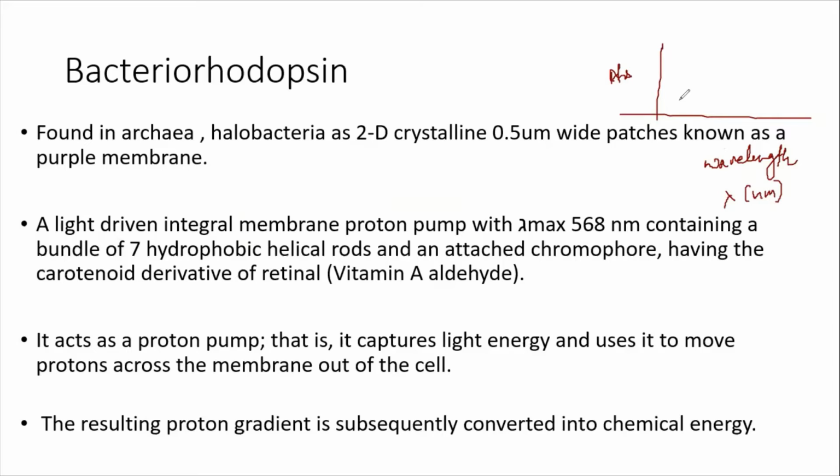There is a particular wavelength at which the substance is going to absorb maximum. Now if I draw it like this and I mark it like this, here it is given as 568 nanometer. So this is the lambda max, the point where you will get the highest absorption. So that is known as your lambda max. Clear? Is this much clear?